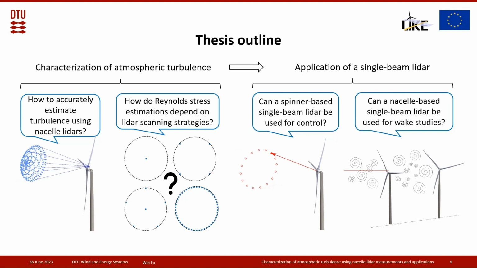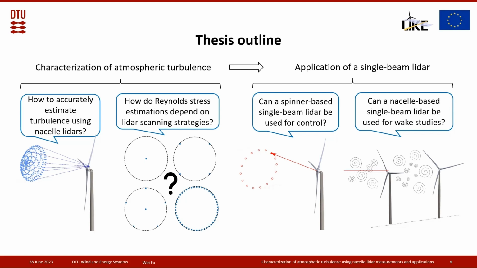So we asked ourselves, how does Reynolds stress estimation depend on the LiDAR scanning strategy? I haven't introduced what Reynolds stress is, but I'll come back to that later. The second paper basically investigates, can we achieve similar performance using a simpler LiDAR?